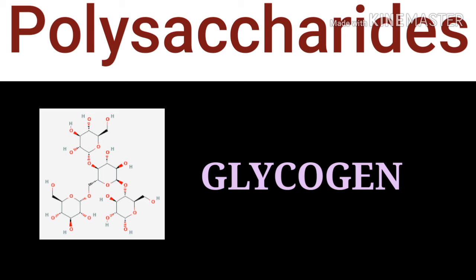Next, we have the storage polysaccharide glycogen. Glycogen serves as the secondary long-term energy storage in animal and fungal cells, with the primary energy stores being held in adipose tissue. Glycogen is made primarily by the liver and the muscles, but can also be made by glycogenesis within the brain and stomach.